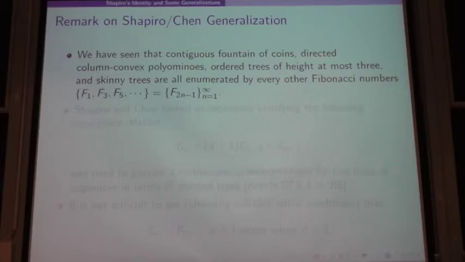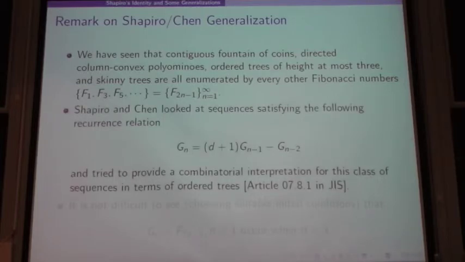Very quickly, if you give me one more minute, I want to give this remark on the Shapiro-Chen generalization. So we have seen that all these 4 combinatorial objects are enumerated by every other Fibonacci number. Now, Shapiro and Chen looked at sequences Gn satisfying this kind of recurrence relationship where D is any positive integer.